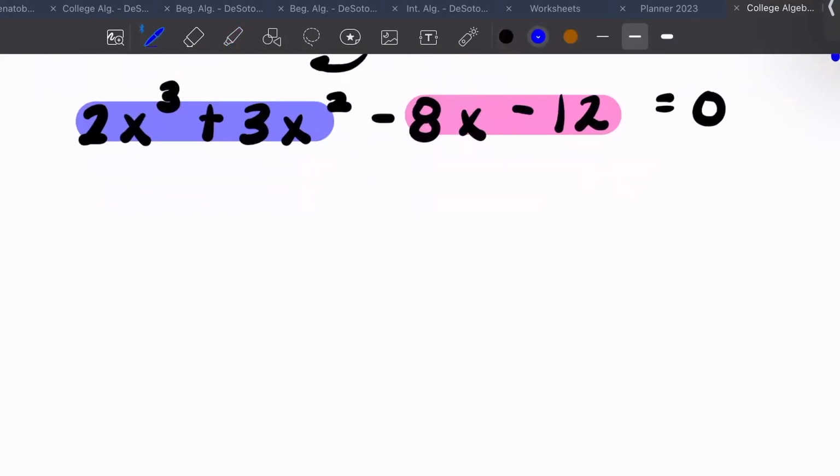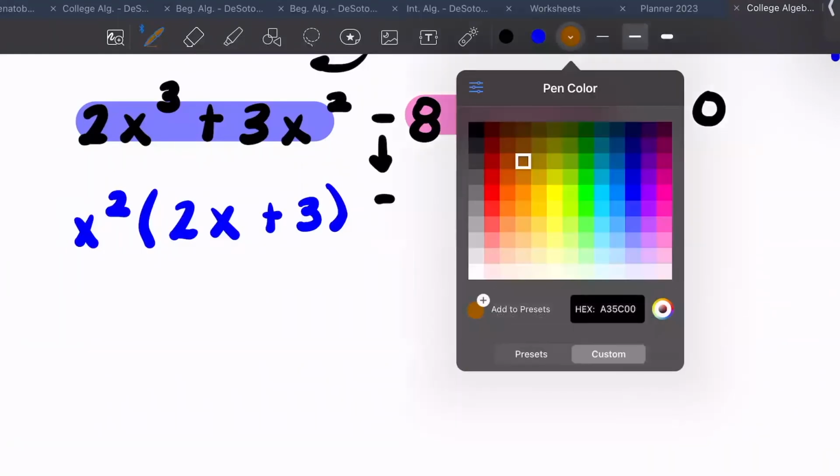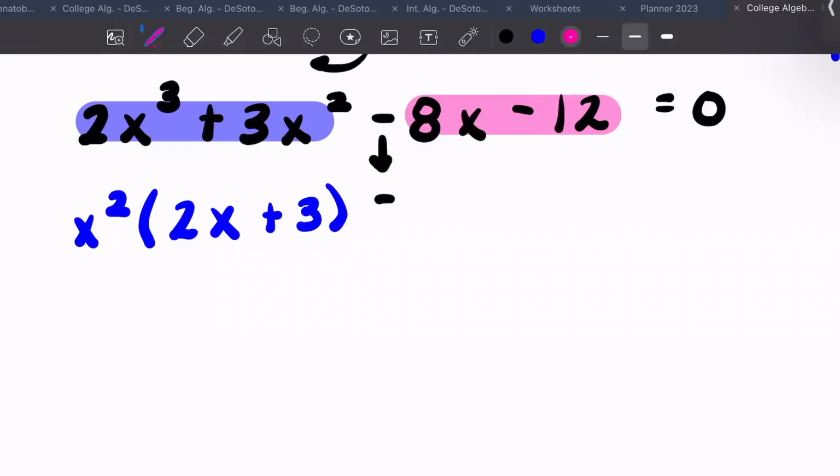The blue, the greatest common factor of the blue is x squared, and you're left with 2x plus 3. Then you bring your minus sign down. I'm going to switch to a pink. And the greatest common factor of the pink is 4. And again, you're left with 2x plus 3, my fault, plus 3 in the parentheses, okay?